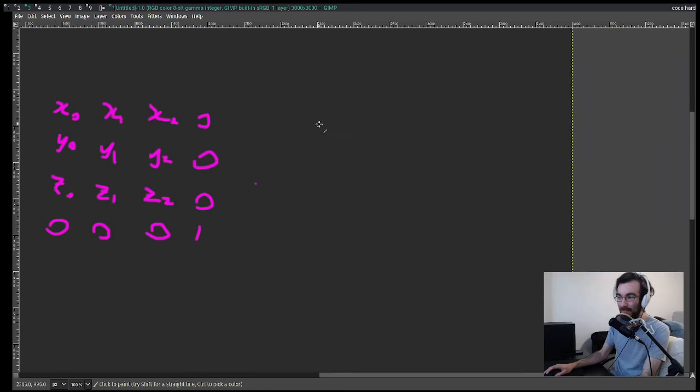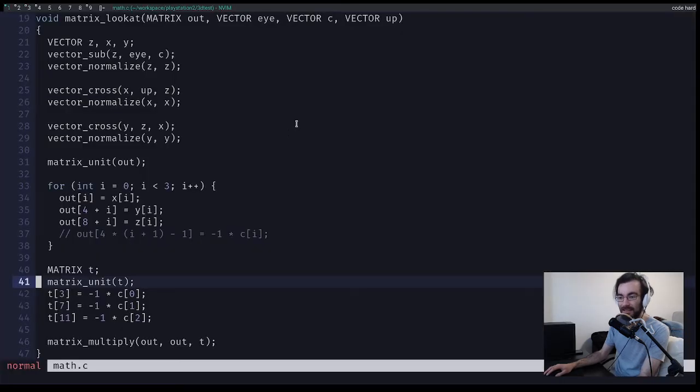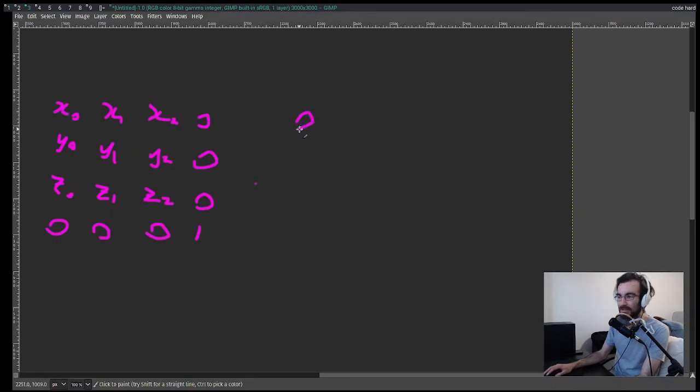And then we're multiplying that by a matrix, which looks like 3, 7, 11. So it's 0, 0, 0, t x, 0, 0, 0, t y, 0, 0, 0, t z, except it isn't.